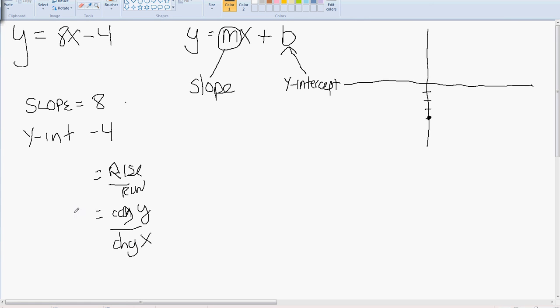Okay? So, if that's 8, what that means is to get from this starting point that we know is on the line to the next point on the line, we change y by 8 units, and we change x by 1 unit. And that gets us to our next point.